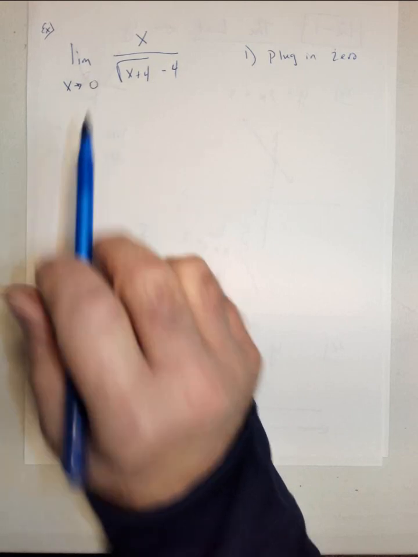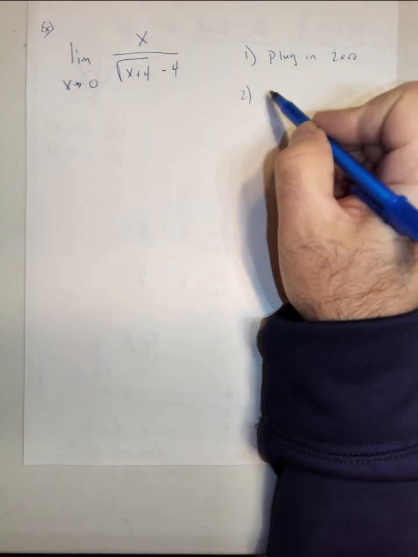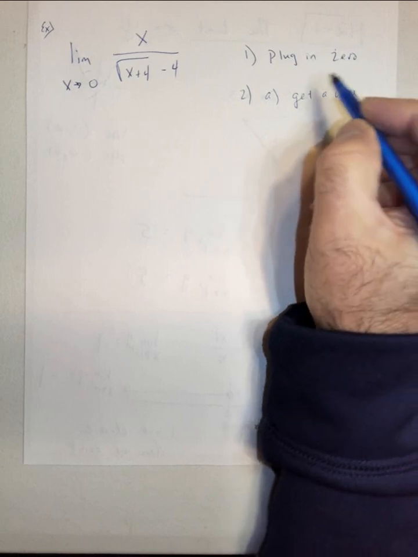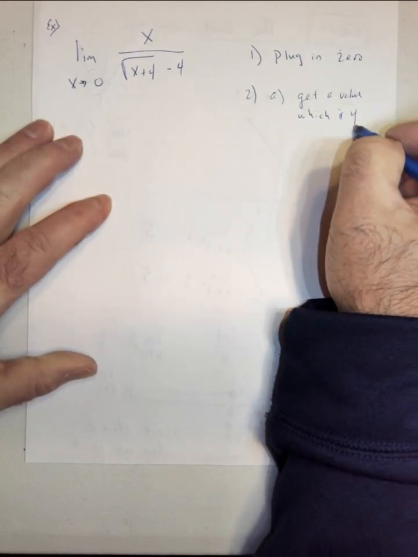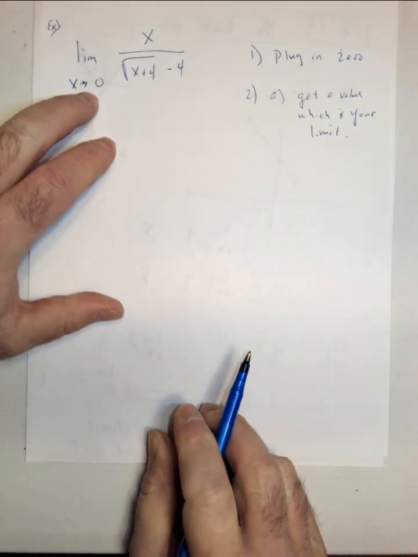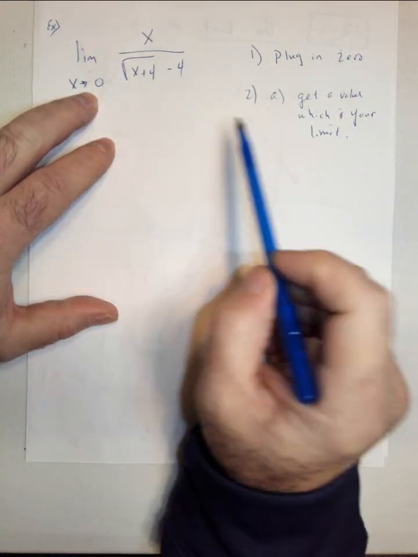One of three things is going to happen. Right? So what could happen? You could A, get a value, which is your limit. So when you plug in the x value you're approaching, you plug in 0, this could happen.